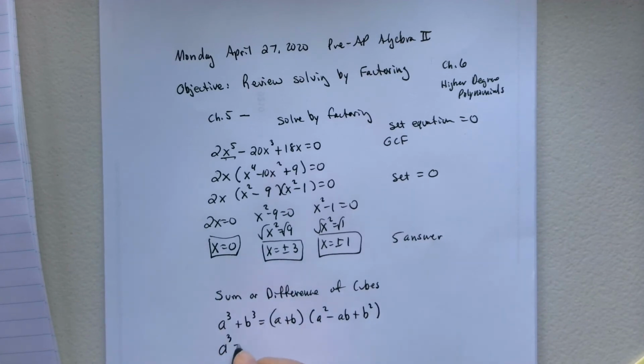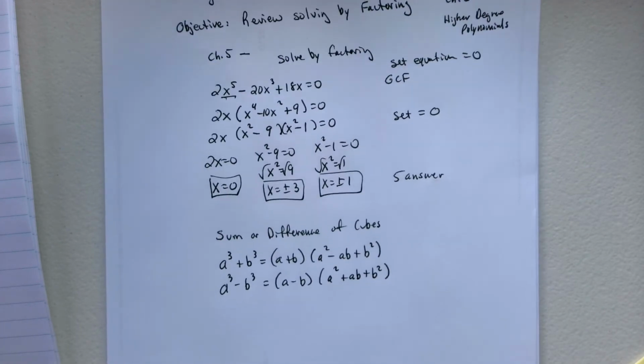If it was the difference, if it was a cubed minus b cubed, it was a minus b, a squared plus ab plus b squared. I'm going to give you one or two of these on the work for today, so go back and look at your notes or in your book if you need to.